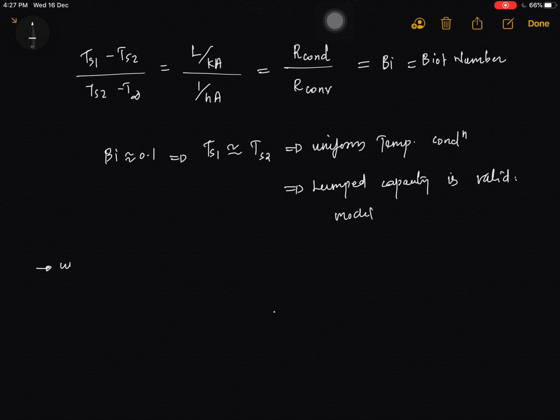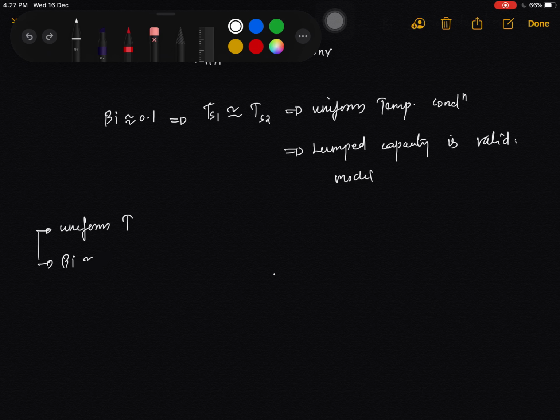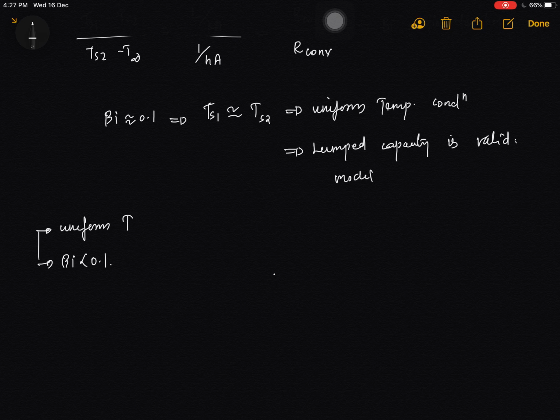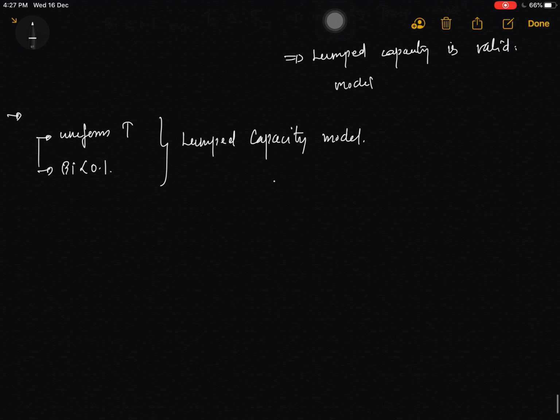So the basic condition necessary for the lumped capacity model is uniform temperature, and the condition that is sufficient is Biot number approximately equal to 0.1 or Biot number less than 0.1. These are the two conditions for the lumped capacity model, which is a simpler model of unsteady state problems.